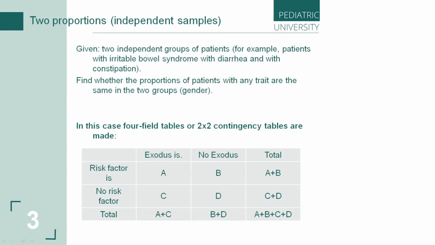The risk factor is there or not. The outcome is there or not. You can see risk factor and outcomes, and the amounts are counted. Let's look at an example. Don't forget about the totals of outcomes and risk factor, and here the same.